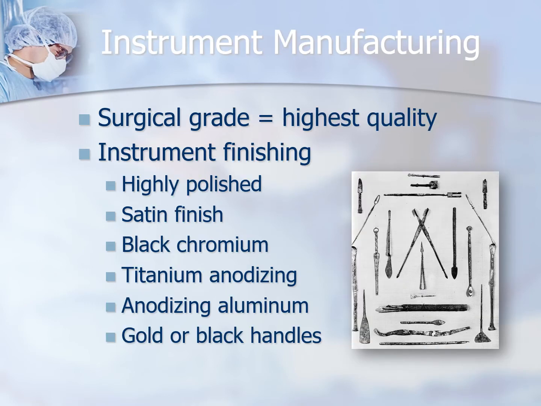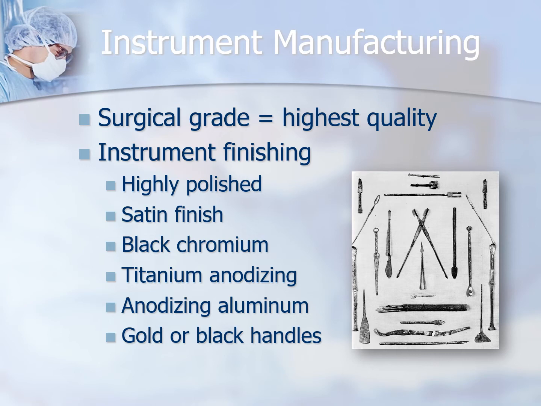When it comes to the manufacturing of instruments, there are different grades, and surgical grade happens to be the highest quality. It has the most chromium in it, and chromium helps strengthen the instrument and keep it from getting tarnished or rusting.